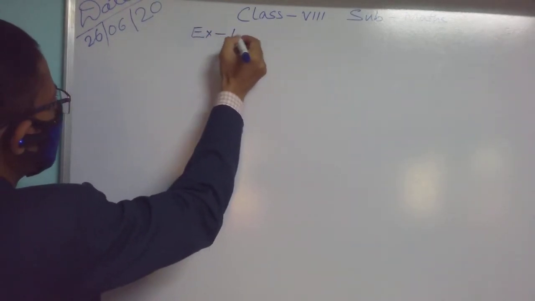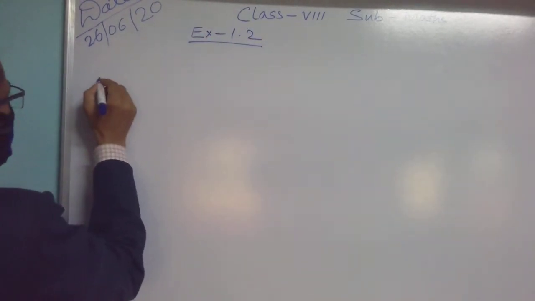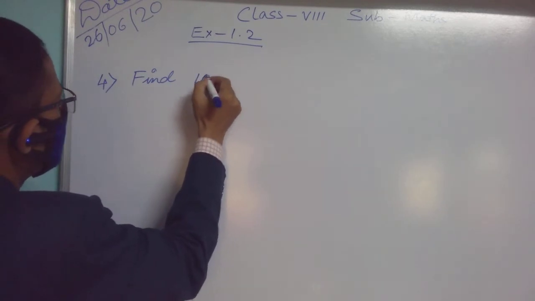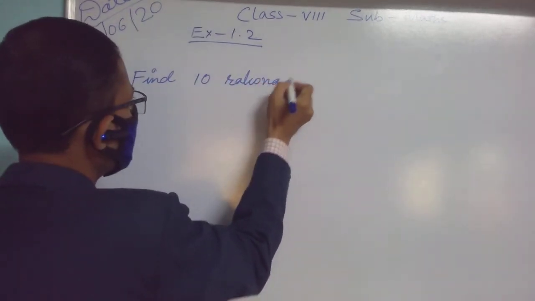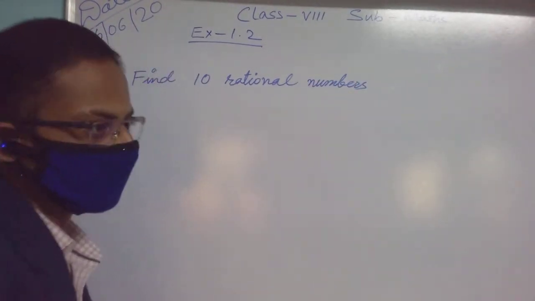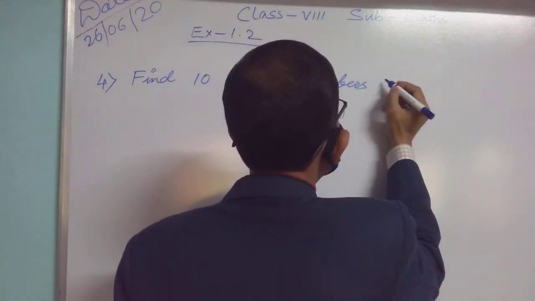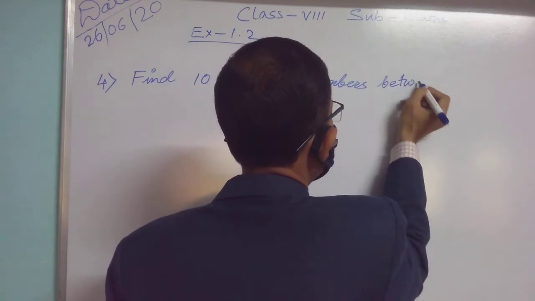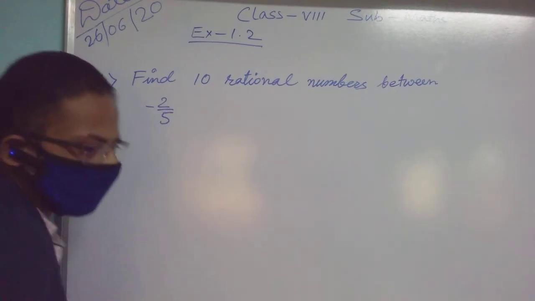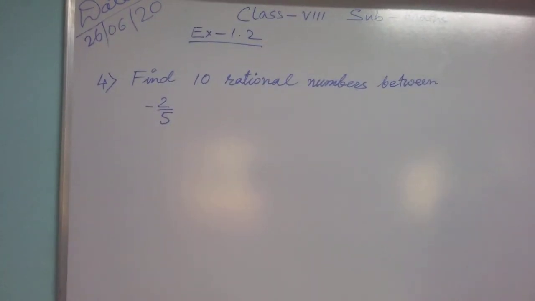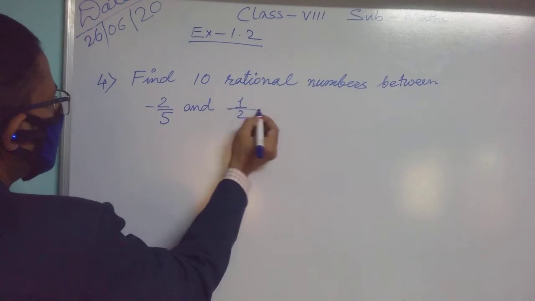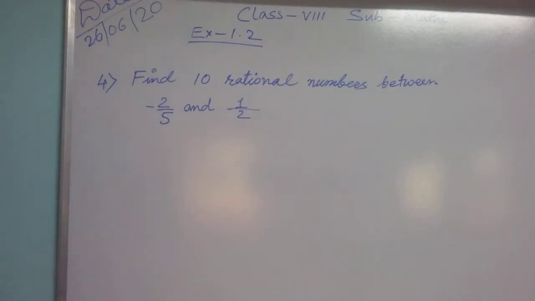Exercise 1.2, problem number 4. Find 10 rational numbers between -2 by 5 and half.